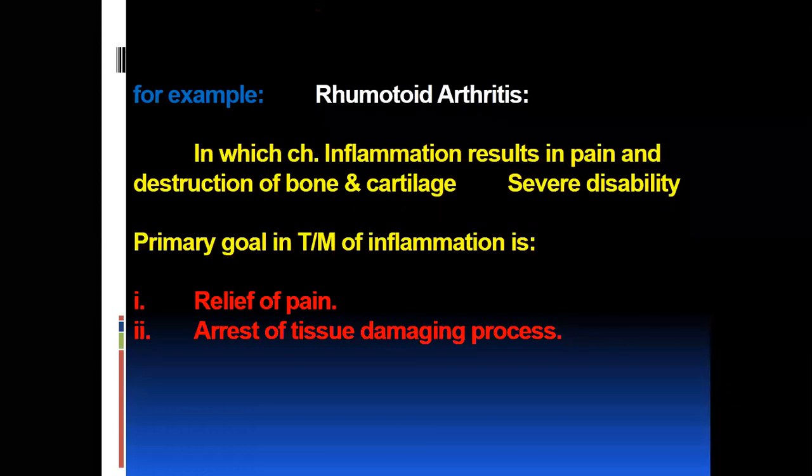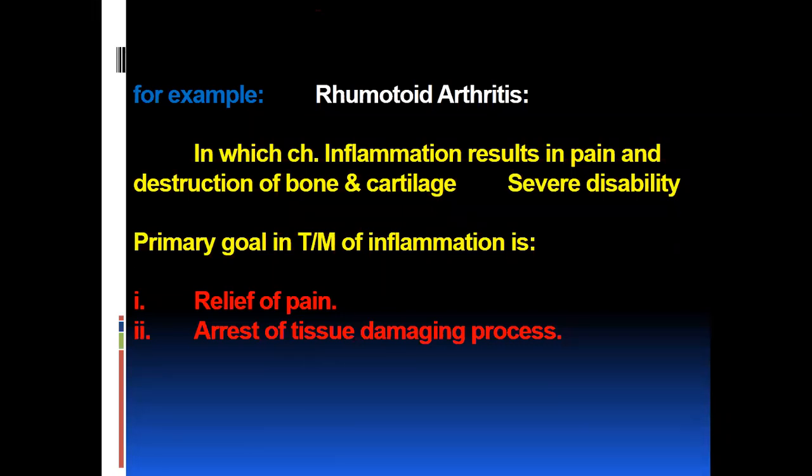For example, in rheumatoid arthritis, there is chronic inflammation with various mediators released in the chronic inflammatory process, resulting in pain and also destruction of bone and cartilage, causing severe disability. So the primary goal in the treatment of inflammation is first of all relief of pain, and second is arrest of the tissue damaging process.